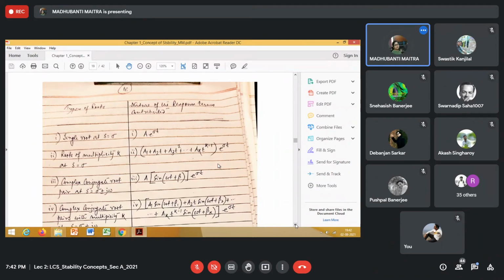Clear? The heading of the first column is types of root, and the heading of the second column is nature of the response term contributed by the root. So is it clear?